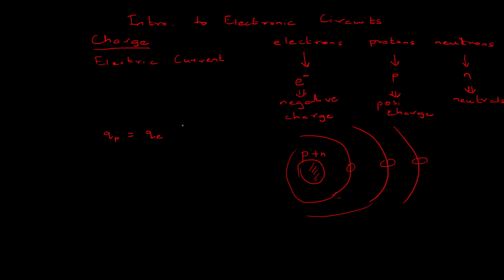If we were to compare the two charges, there has to be a negative sign, because the charge on a proton is positive and the charge of an electron is negative, but the magnitude of both charges is the same. So if the number of protons and the number of electrons are equal, then the atom is neutral, because neutrons don't have any charge.